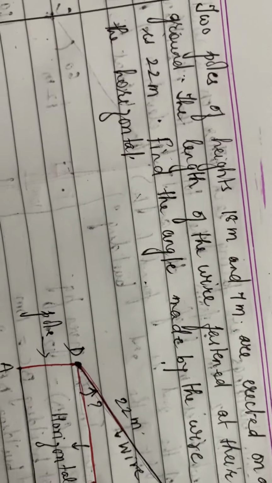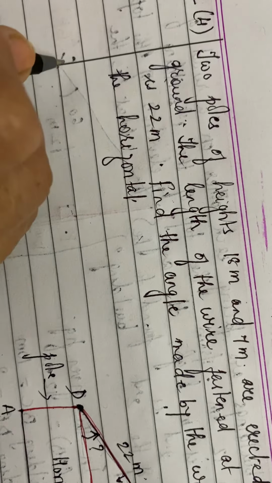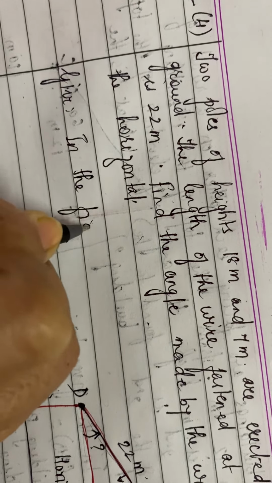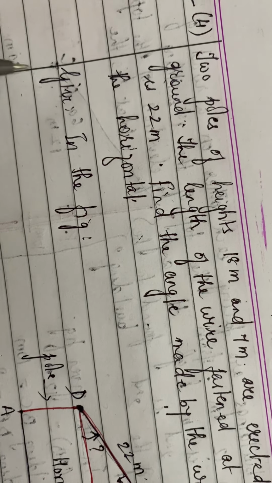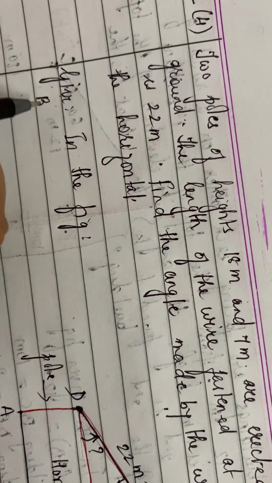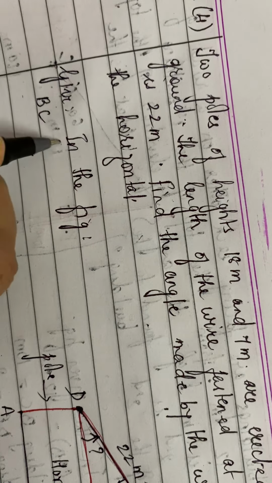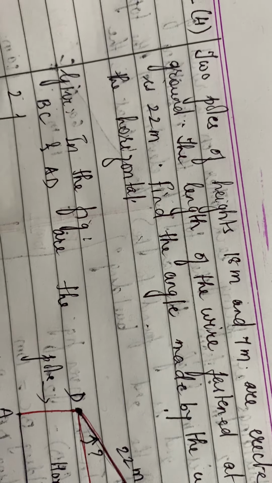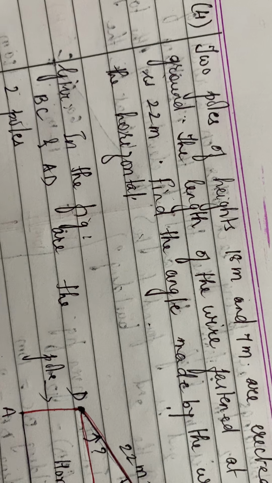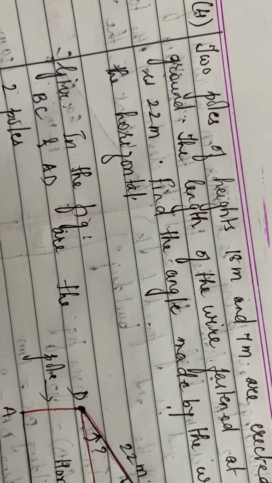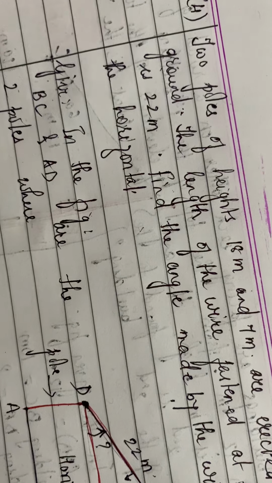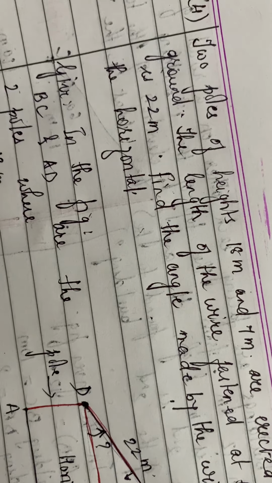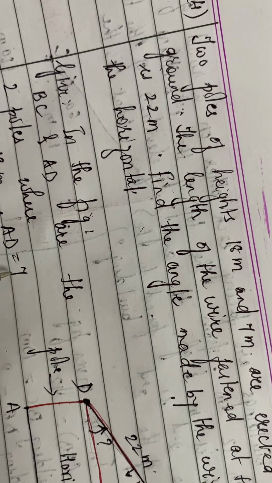Okay, so the given thing we write in short over here. In the figure, BC and AD are the two poles, where BC is equal to 18 meter, AD is equal to 7 meter.